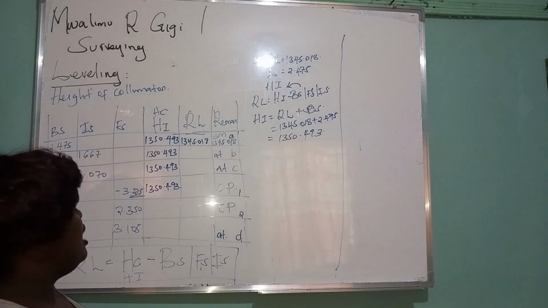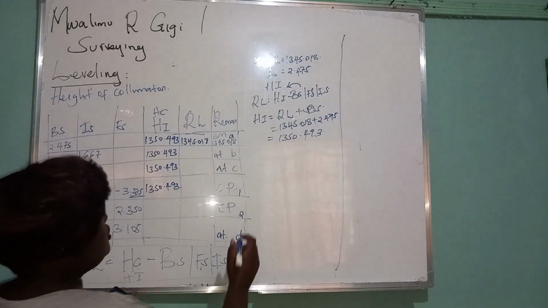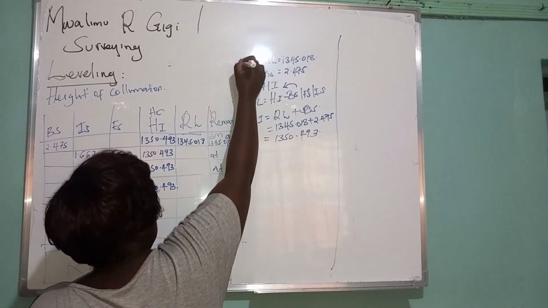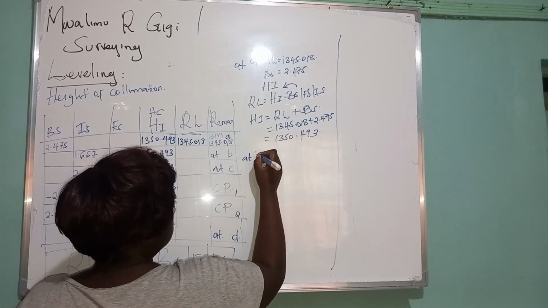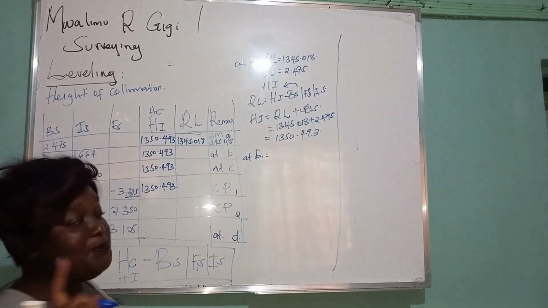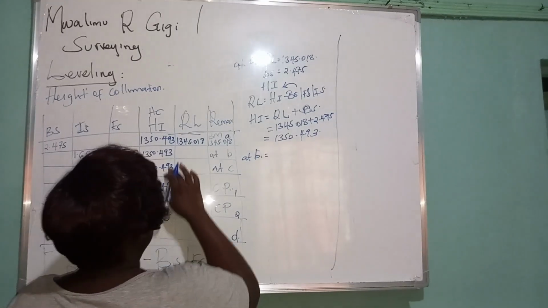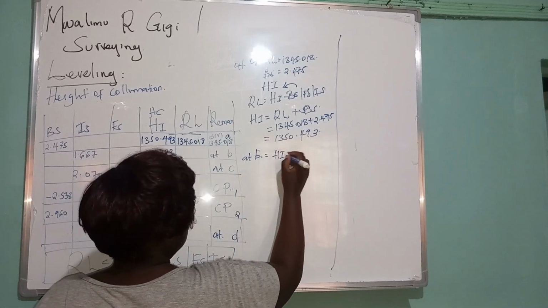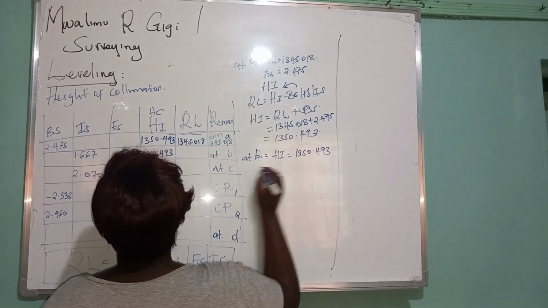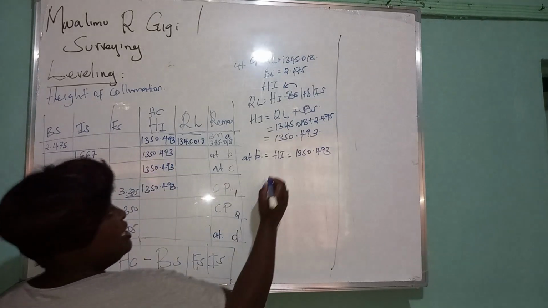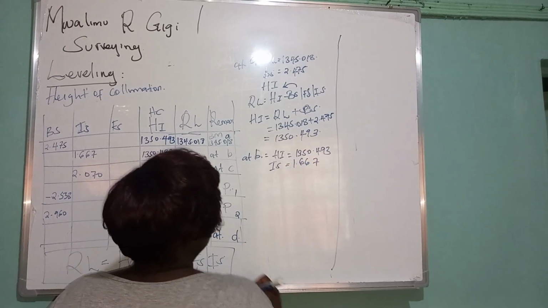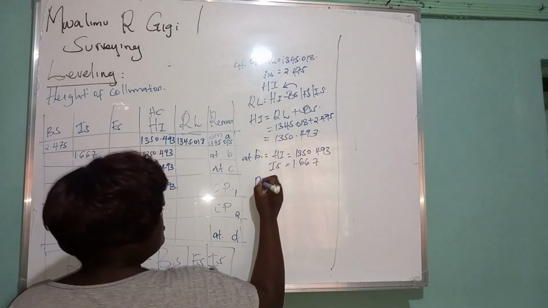So that one was at point A. Now at point B, we have the height of instrument, which is 1350.493, and we have an intermediate sight of 1.667. So we want to get the reduced level.